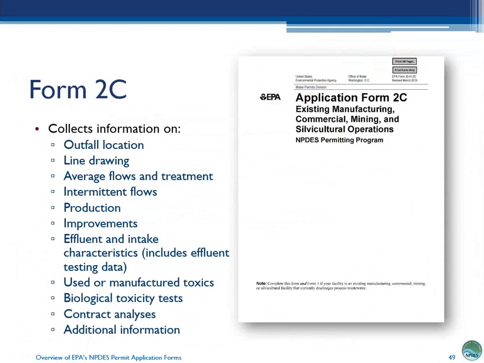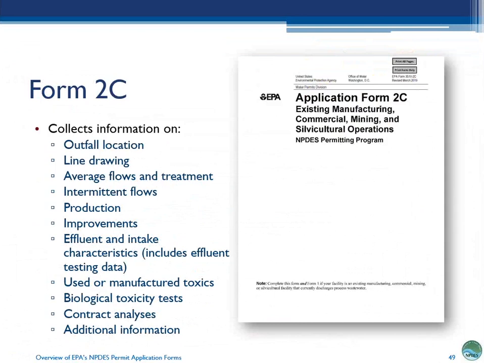Effluent and intake characteristics. We'll take a closer look at this one on the next few slides. Used or manufactured toxics. This section requires applicants to list toxic pollutants that are used or manufactured as an intermediate or final product or byproduct. Biological toxicity tests.